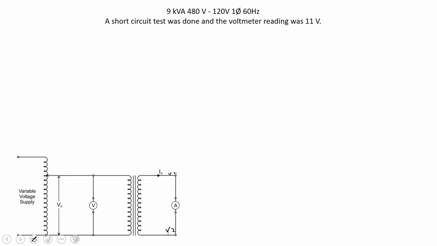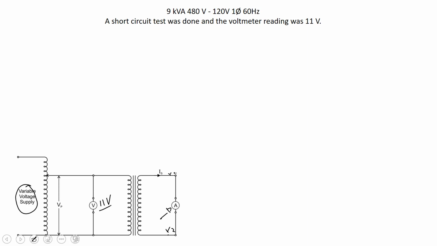Then I slowly turn up the voltage supply, and when I get rated current flowing through the ammeter on the secondary, I stop because I don't want to overload the transformer. Right where I stop, that amount of voltage, in our case 11 volts, is what we call our impedance voltage.